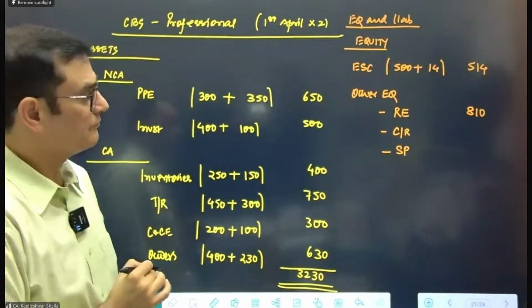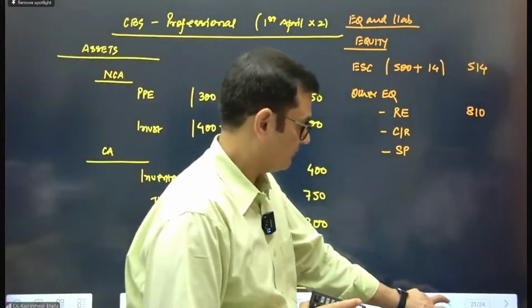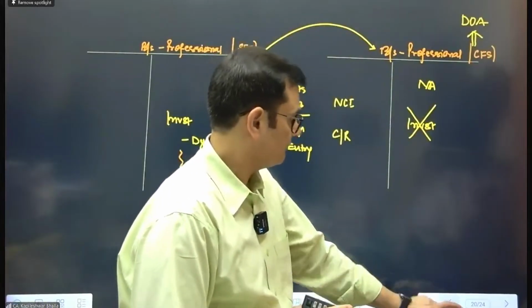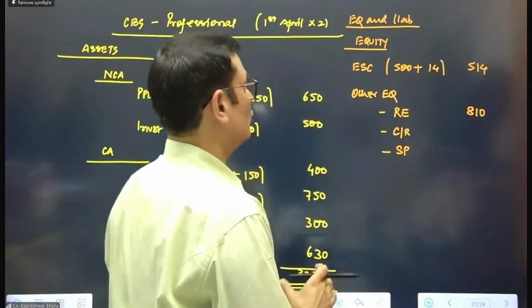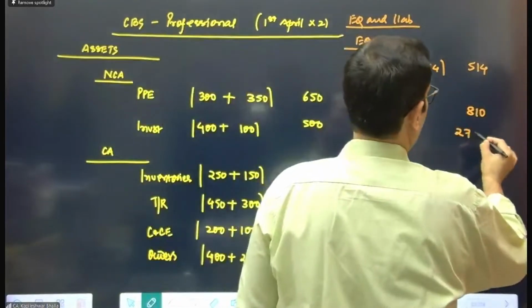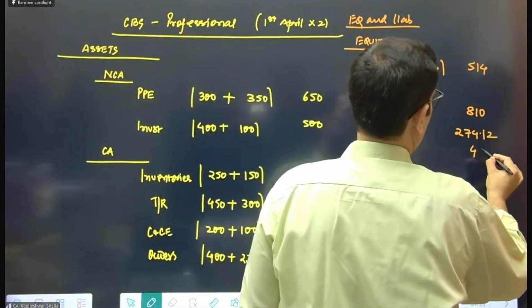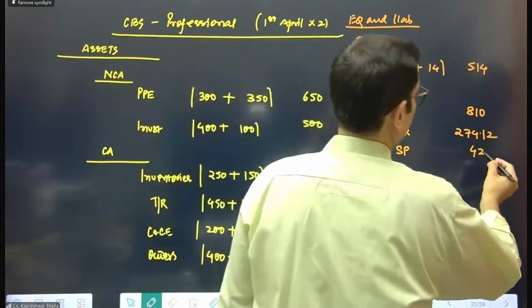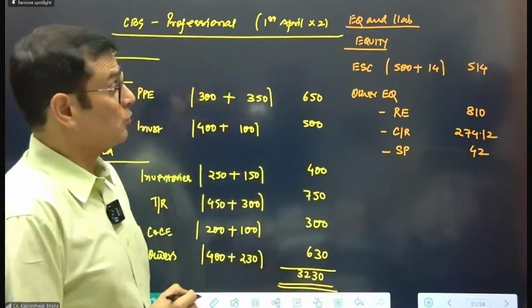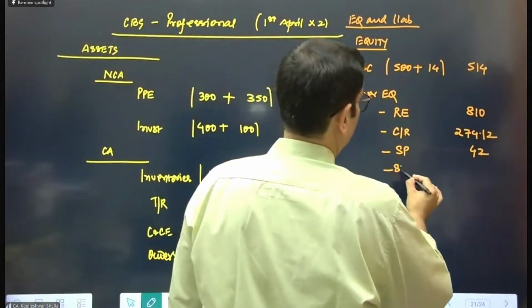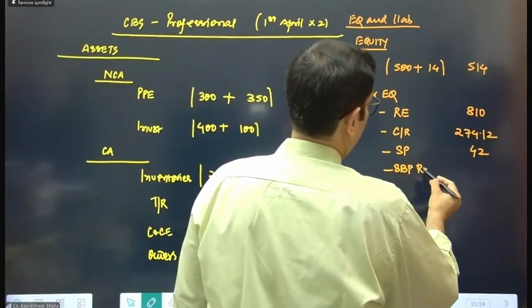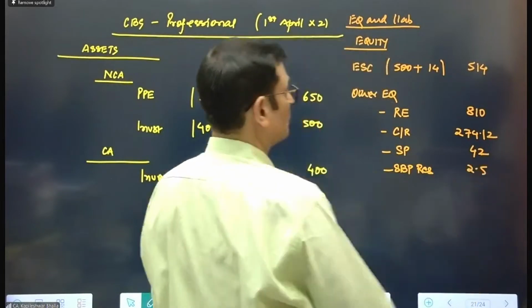On the purchase consideration, I have to see. 274.12, right. And share premium, I think, was 42 in the investment acquisition entry. So what is left is the SBP reserve that would also be entering out here. 2.5, because SBP reserve is also part of this.